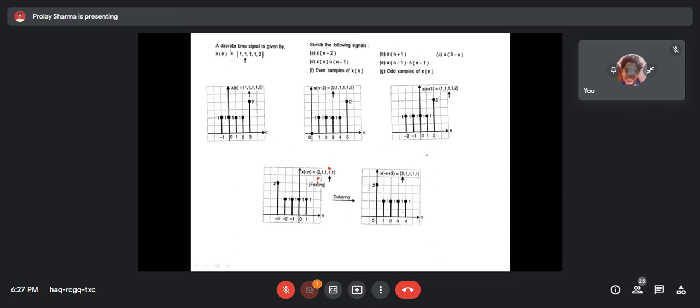We can get this signal this way: x(3 minus n), x(minus n minus 3). We can do it this way also.